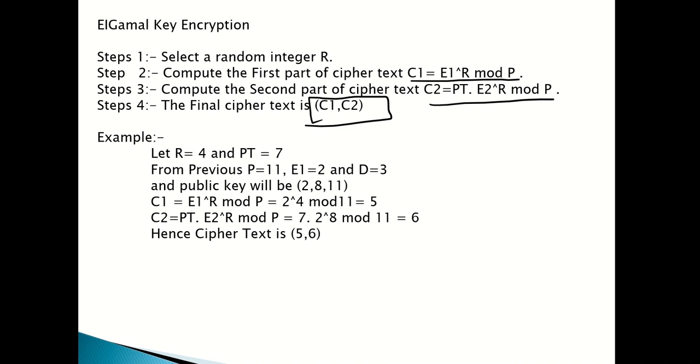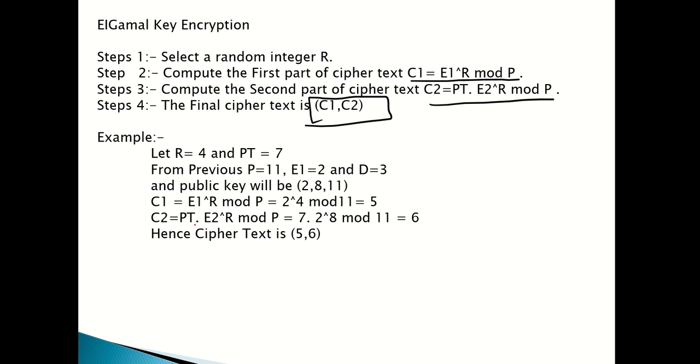R is equal to 4, as I already told you, and PT is equal to 7. We have considered this. From the previous, P is equal to 11, E1 is equal to 2, D is equal to 3, public key will be 2 comma 8 comma 11. We substituted the values: E1 to the power R mod P, 2 to the power 4 mod 11, that is 16 mod 11, which is 5.